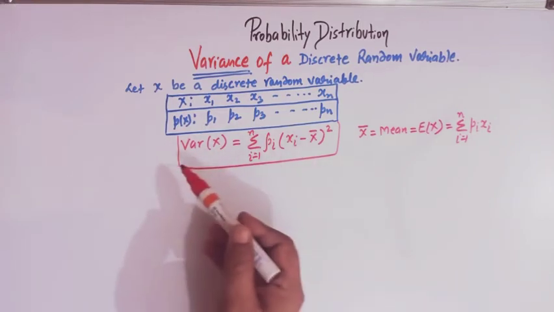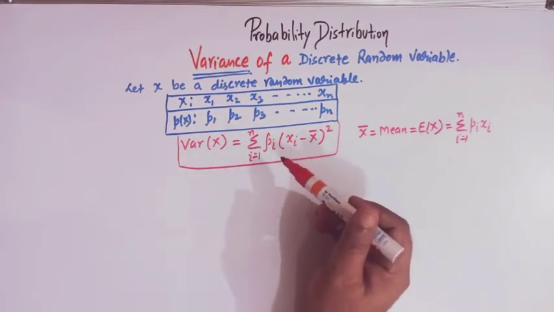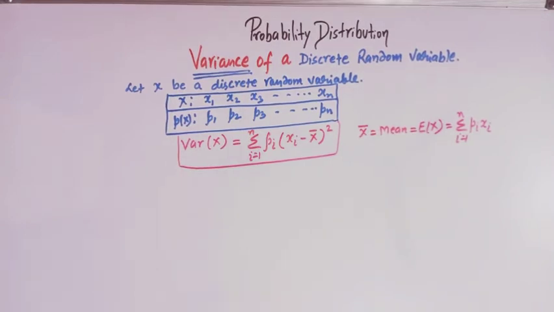Now we can simplify this formula by expanding this binomial, which is (xi minus x bar) whole square.